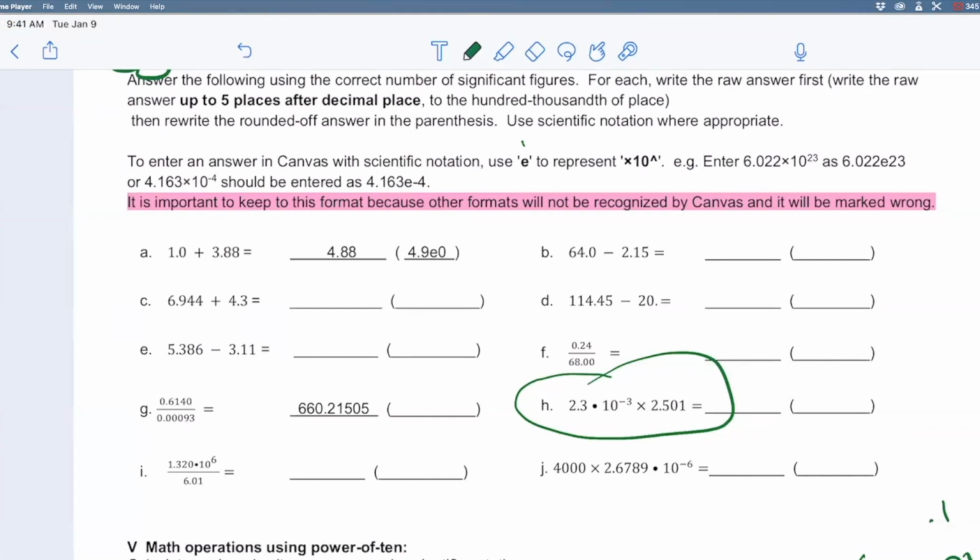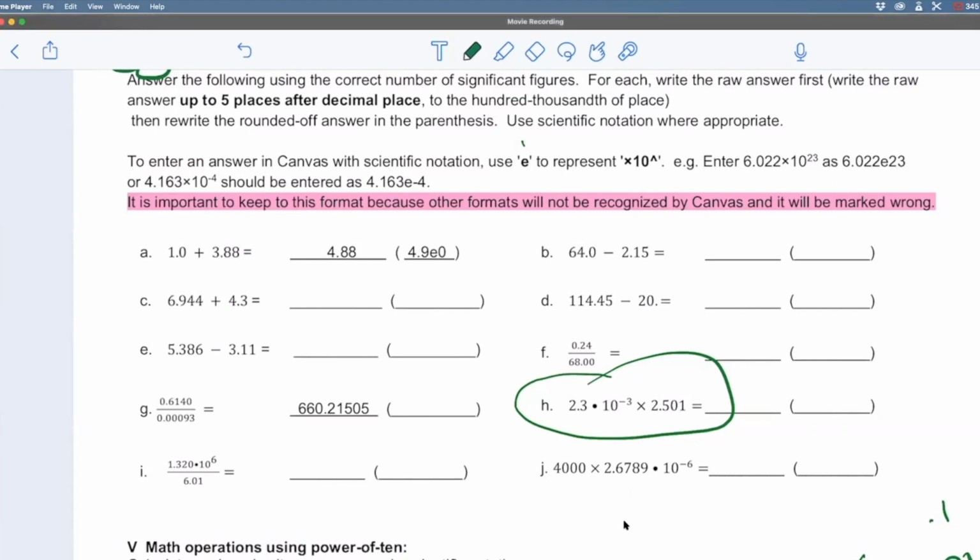In multiplication and division, you're always rounding off to the fewest significant figures. In addition and subtraction, you're always rounding off to the least precise. There's a difference. So that's why these answers are here, because you need to practice that.